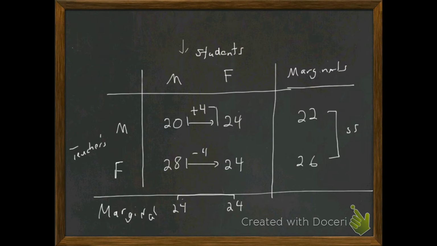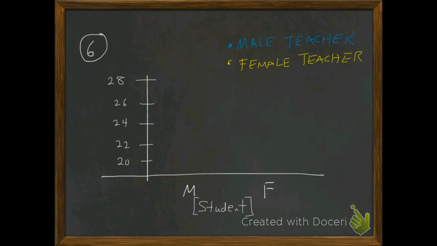So comparing +4 and -4, more than a 2-point difference. So we have a statistically significant interaction effect along with a statistically significant main effect of the gender of the teacher.